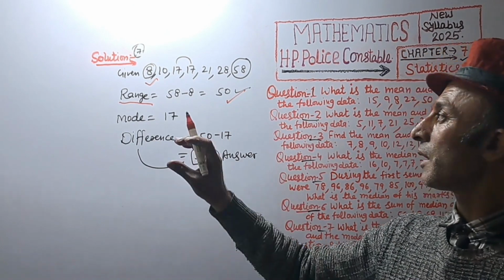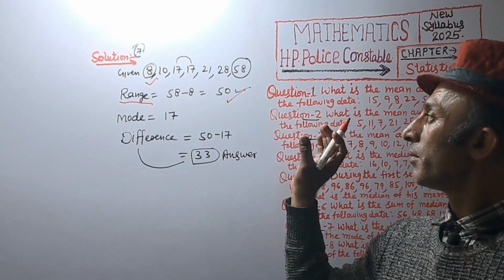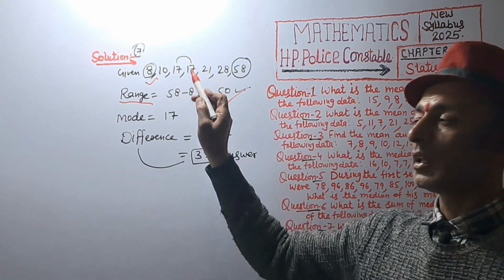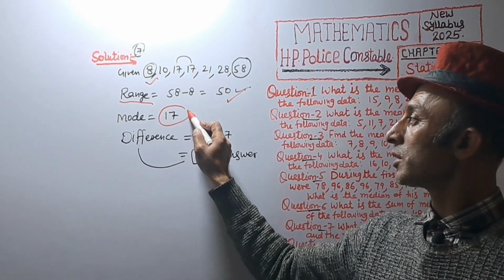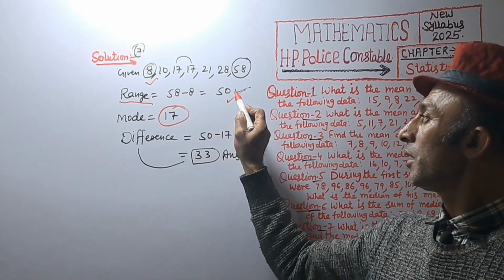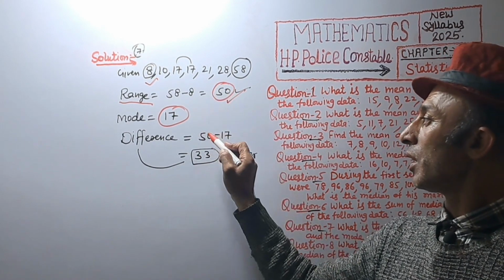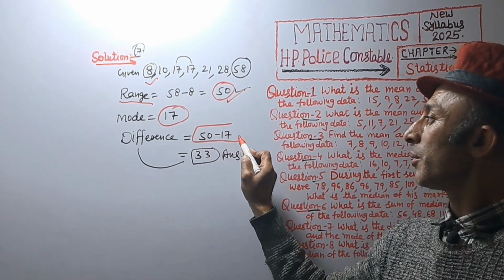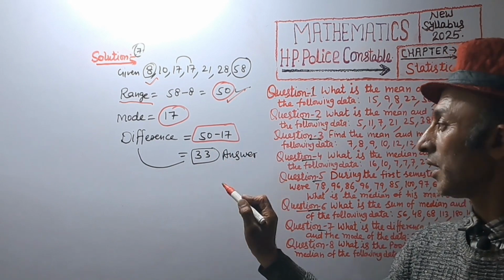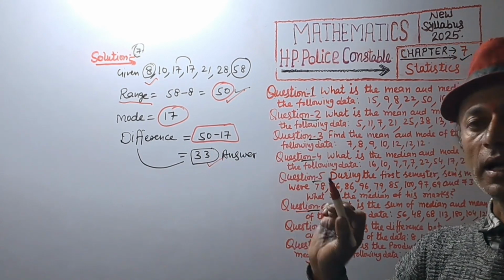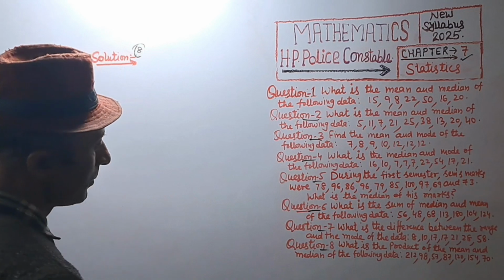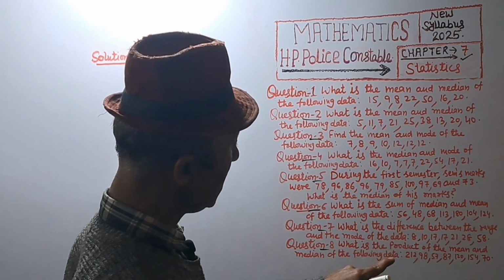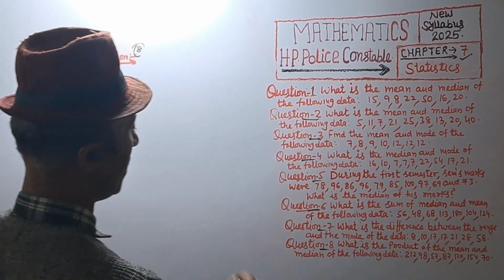And mode is the number occurring maximum times, that is 17. So mode equal to 17. And difference between range and mode is 50 minus 17. 50 minus 17 equal to 33. Answer. Question number 8. What is the product of mean and median of the data?